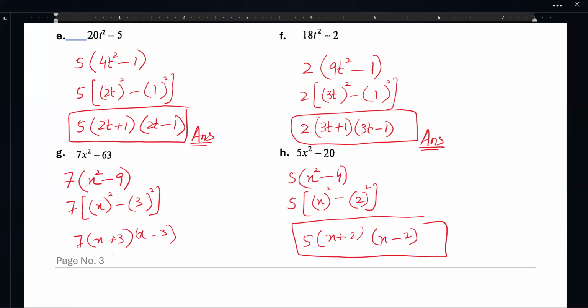This is what they ask you to factorize. So you have three different things multiplying each other. That's called factorization.